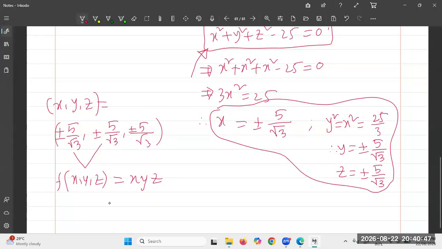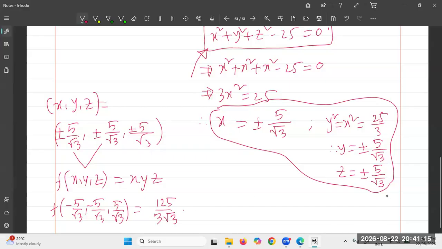So if we put two negative quantities, 5 divided by root 3, 5 divided by root 3, and one positive value 5 divided by root 3, the product of these three things is 5 times 5 times 5 divided by root 3 cubed. So this is 125 divided by 3 root 3.